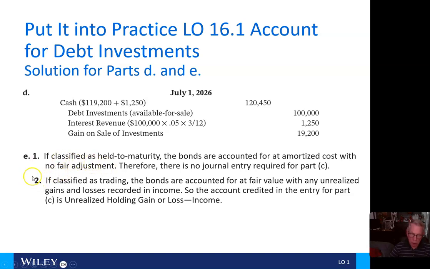Therefore, there is no journal entry required for Part C, Charlie. And then number 2, if classified as trading, the bonds are accounted for at fair value with any unrealized gains and losses recorded in income. So the account credited in the entry for Part Charlie is unrealized holding gain or loss dash income.